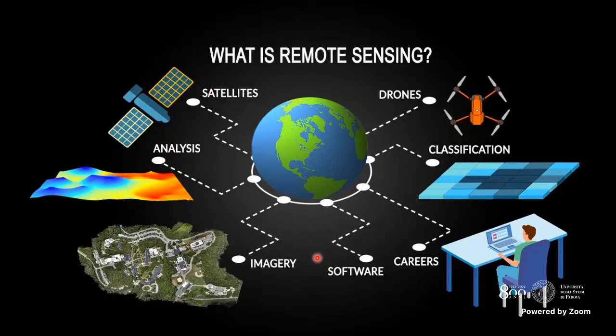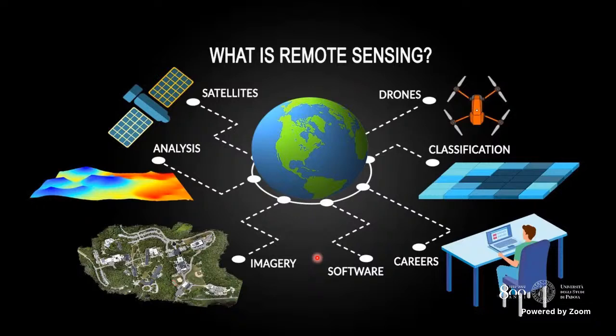What's remote sensing? What's the application of remote sensing? Remote sensing is when you have information about an object without touching it, without seeing it, without smelling it, and without tasting it.